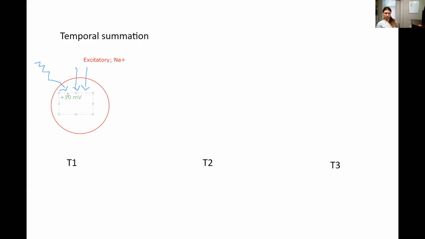So we're now at, yeah, like negative 60 millivolts, right? So we went up from our negative 70. Okay. So now we're going to move to our second time stamp. Okay, so now we have our cell again. What's happening with graded potentials is that over time they fade, right?